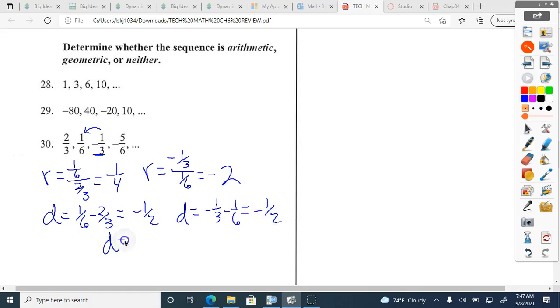Let's try the last one just to be safe. -5/6 minus -1/3 is also -1/2. So, since we're subtracting 1/2 every time, this is arithmetic.